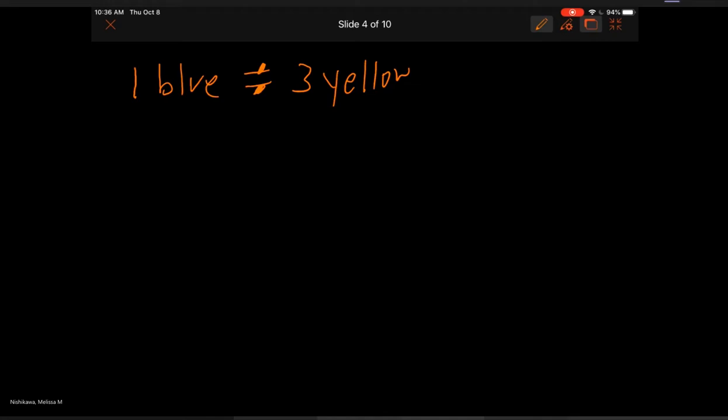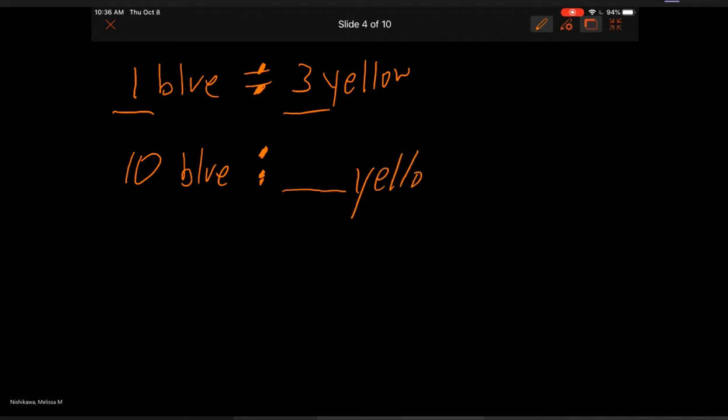Let's say I know that I have 10 blue. In order to keep this the same, if I have 1 blue, I have 3 yellow. If I have 10 blue, how many yellow would I need? Anyone know?